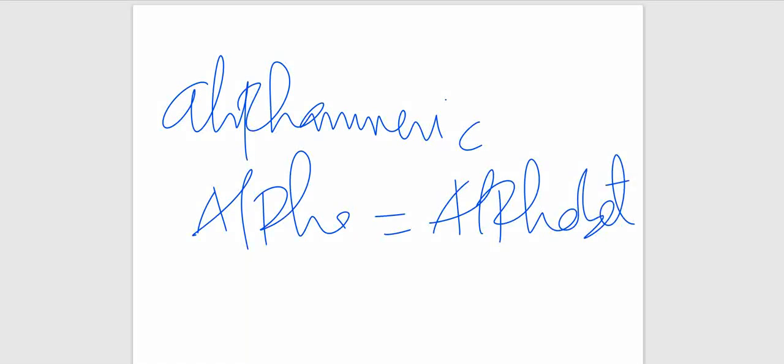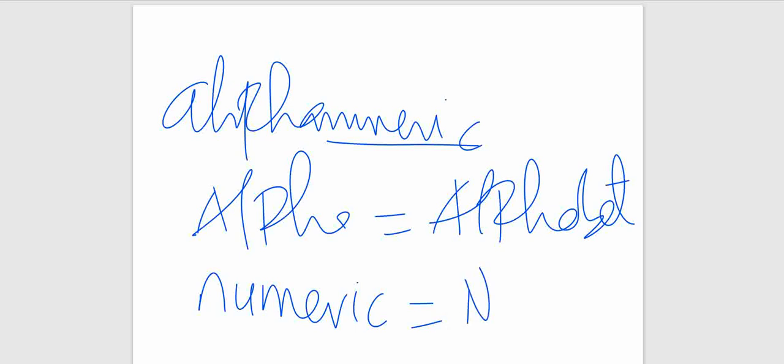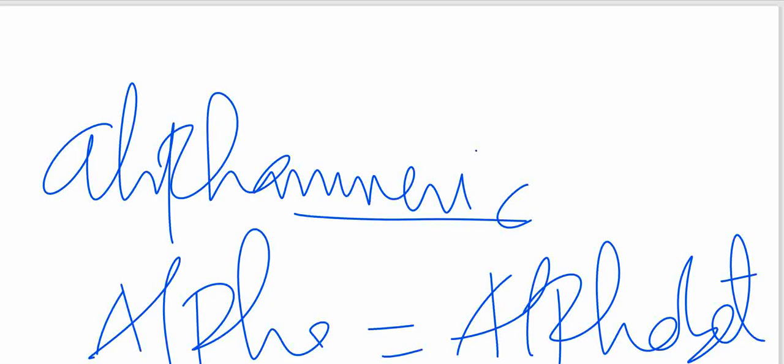Alphabet, right? Then, because it is alphanumeric, there is numeric here. So numeric is equal to what? Numbers.